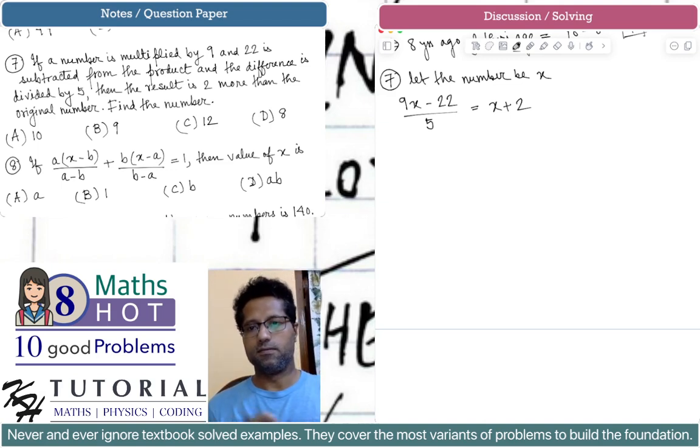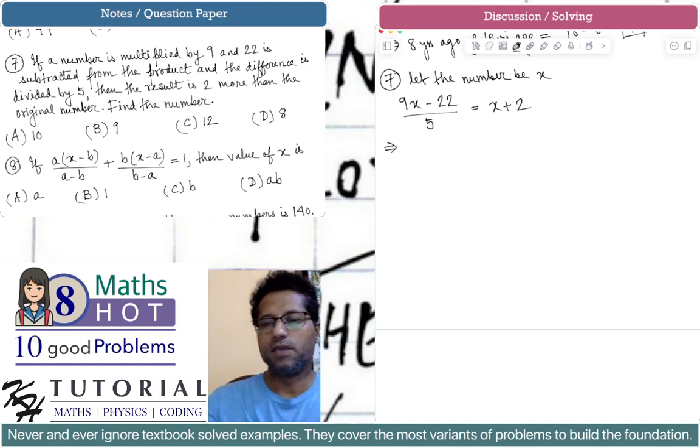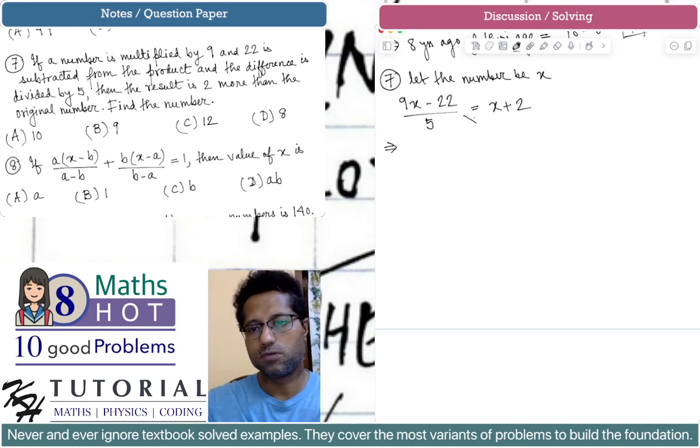In this equation you can see that the LHS is a rational term because it is of the form P by Q where the denominator is 5. So you can multiply both sides by 5. It will be the same thing. You can also do cross multiplication.